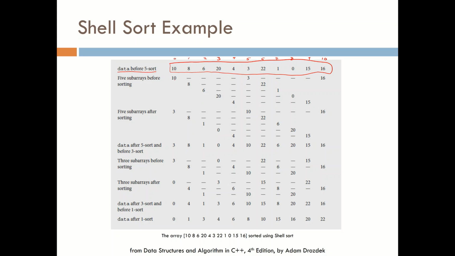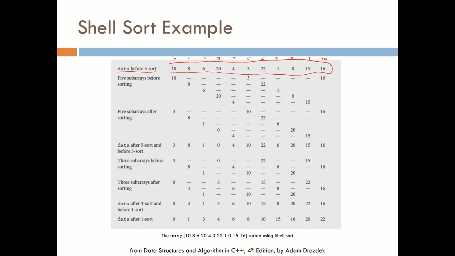So sorting then the elements that are 5 elements apart, I have a 10, a 3, and a 16. If I sort that, I end up with the 3 here, the 10 here, and the 16 here. So all I did was I considered only those values that were 5 units apart, and I shuffled them only between those positions.